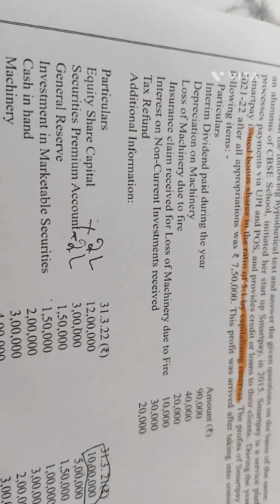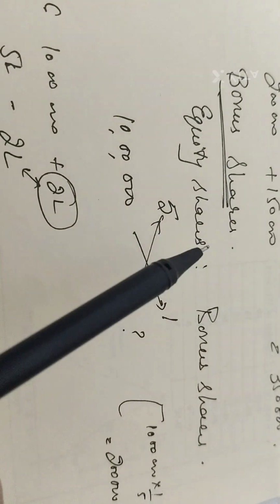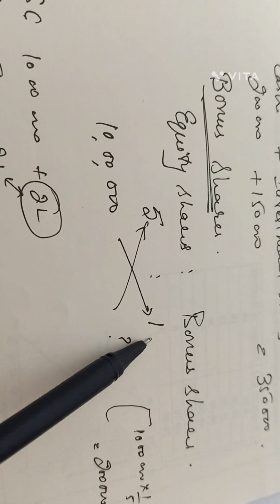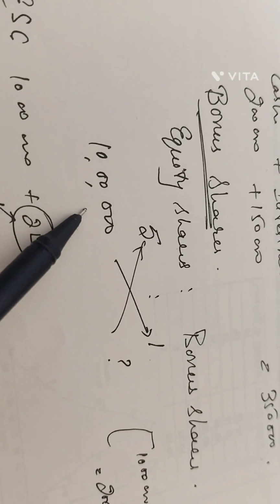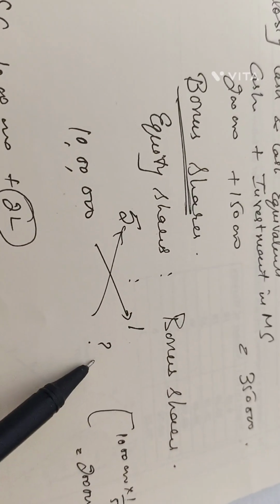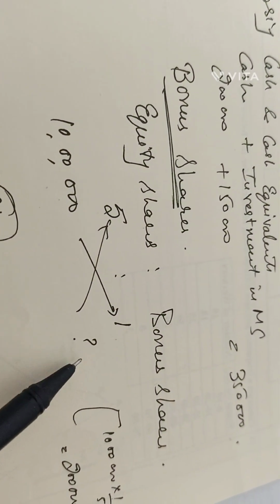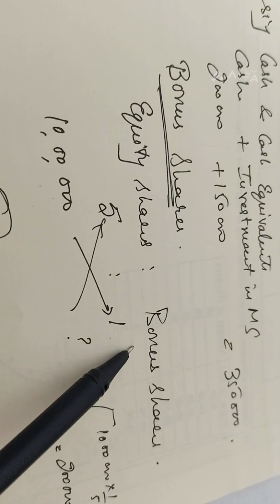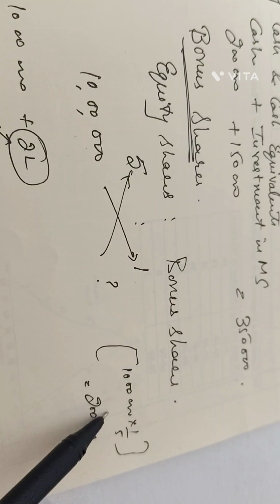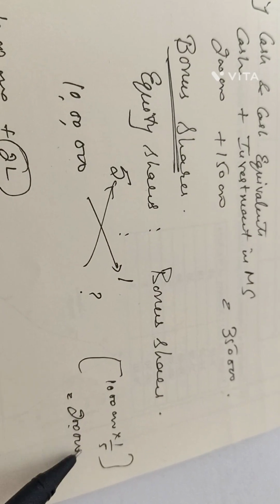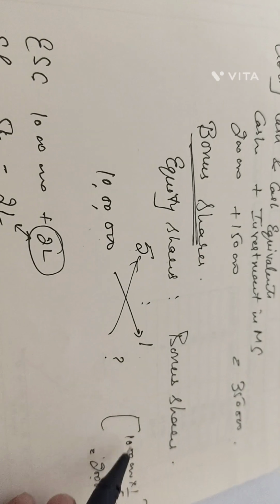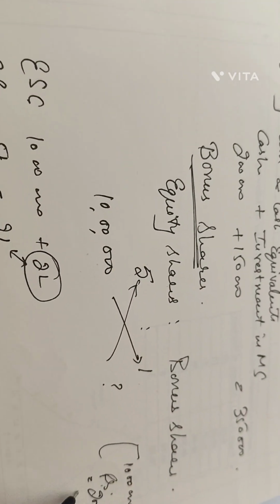So how to calculate it? Equity shares holding 5 get 1 bonus share. By cross multiplication, 10 lakh into 1 divided by 5, we get the bonus shares to be issued, that is rupees 2 lakh. So 2 lakh rupees of shares were issued as a bonus.